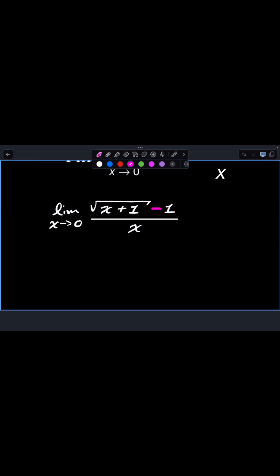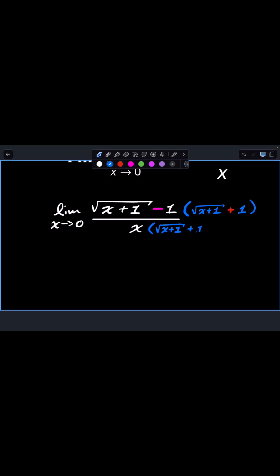So we're going to take the conjugate of the numerator, which is the square root of x plus 1 plus 1. Now, if I only multiply the numerator, then I'm changing the whole function. So with rationalization, I have to do the same thing to the denominator. Y'all follow? So the square root of x plus 1 plus 1.